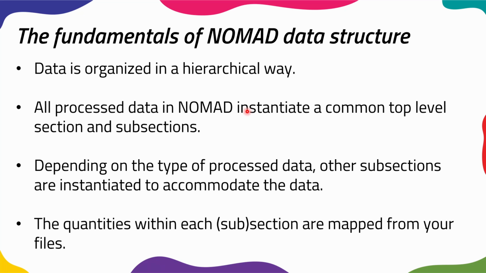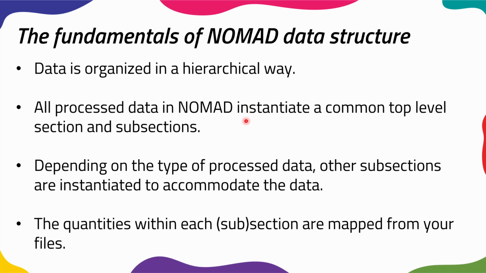So these sections, you can think about them as a table in a spreadsheet where you define different columns with certain names and certain types. And then each of these columns basically represents one quantity included in this section definition.